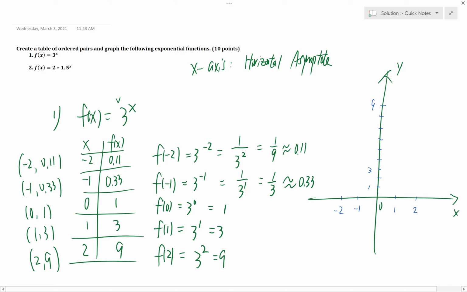Now applying all those ordered pairs. -2, 0.11. 0.11 is 1/9, and this is 1/3 right there. 1/3 is over there, and then 1/9 is way down, somewhere here. It's very close to the x-axis, and then 0.11 is slightly above it.